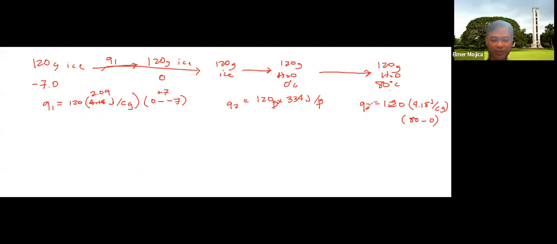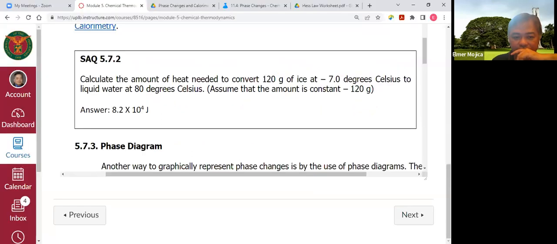So whatever happened here, you add Q1 plus Q2 plus Q3. And the answer should be similar doon sa nasa answer key nyo dito, which is 8.2 times 10 to the 4 joules.